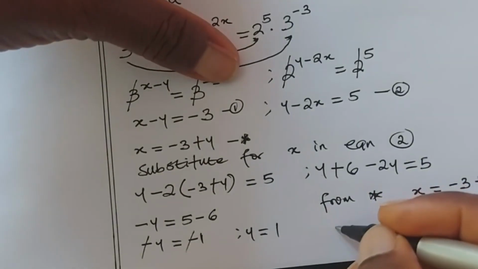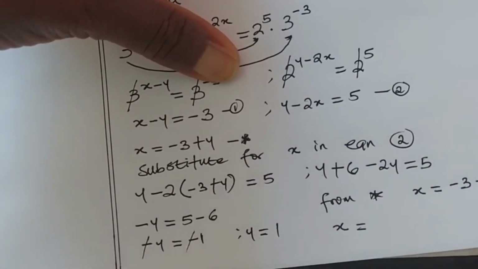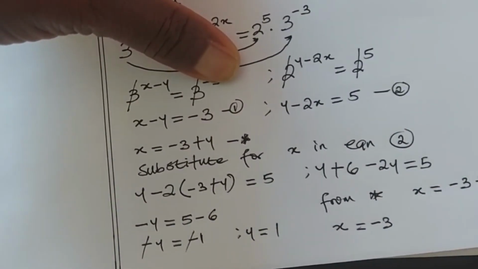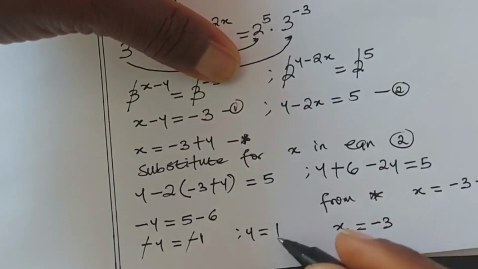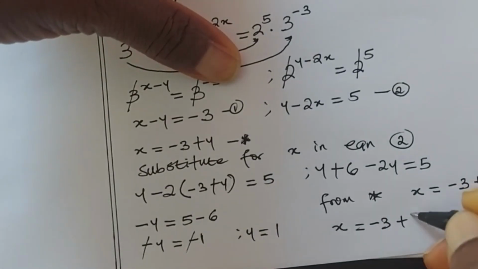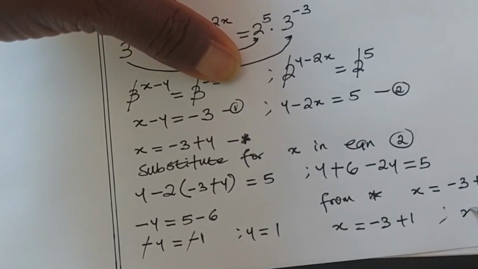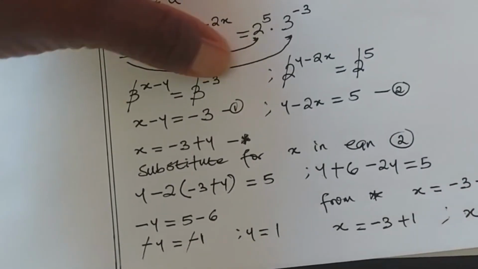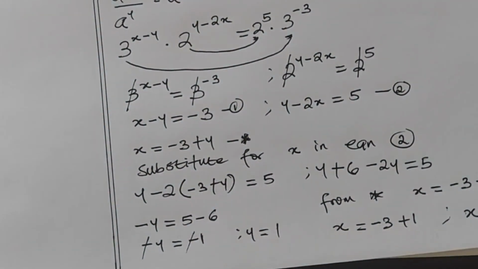So automatically, I'm going to be having x is equal to minus 3 plus y. And your y is what? 1. So that is plus 1. So I can say that my x is equal to what? Minus 2.